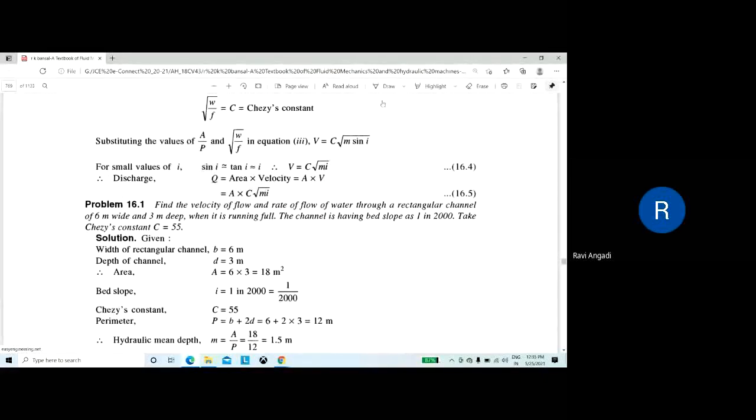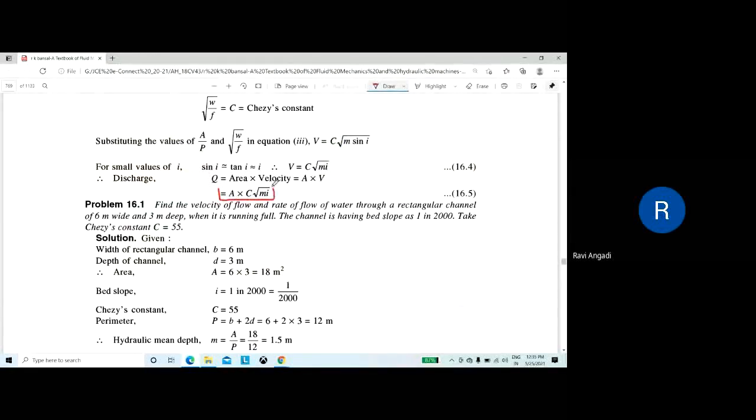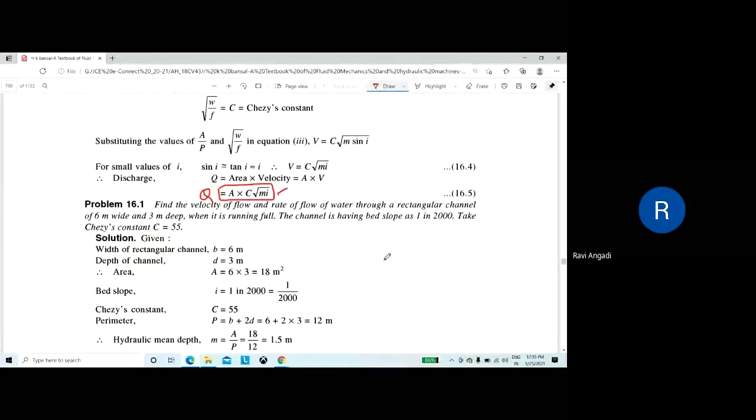We obtained this formula, Q equal to A C square root of m into I. We derived this equation in yesterday's class, and also solved some numerical problems on it. Yesterday we took only the rectangular channel section, so today we'll take some other shape of channel section.